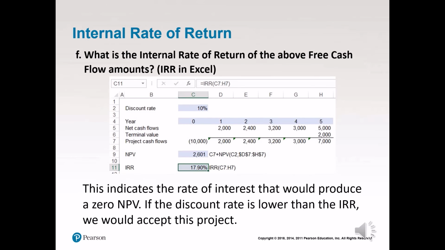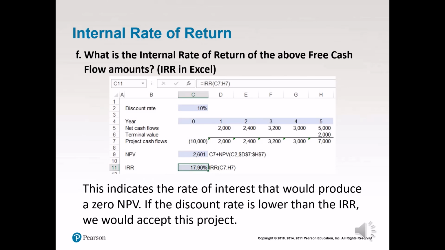Our final question is, what is the internal rate of return? When we calculate this rate, we want it to be greater than our required rate of return. The internal rate of return in Excel is just an equation that references all of the cash flow numbers included. We want to include all of them from year 0, our initial cash outlay, all the way through the end of the project.